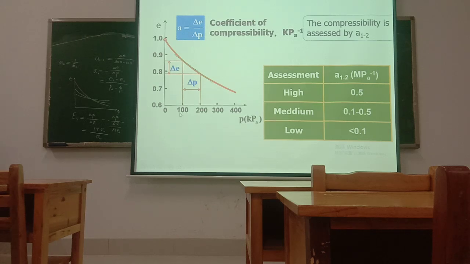Maybe the load from 100 to 200, and the coefficient of compressibility we call A12. From A12, we can make an assessment of the soil compressibility.